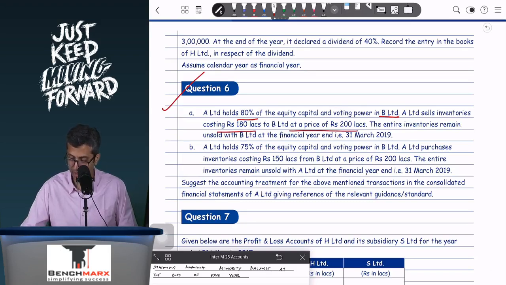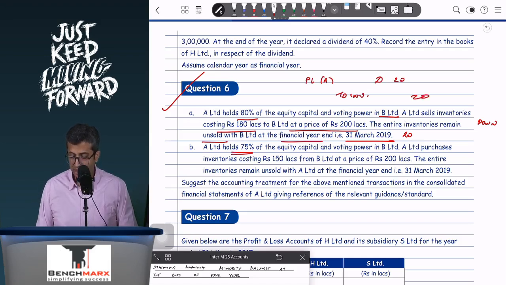A is selling to B, which means this is downstream. The entire inventories remain unsold with B at the financial year end, that is 31st March 2009. This is downstream. So over here, the profit of 20 needs to be eliminated. Your entry will be P&L of A account debit to, let us say, inventories. Loosely speaking, this is 20.